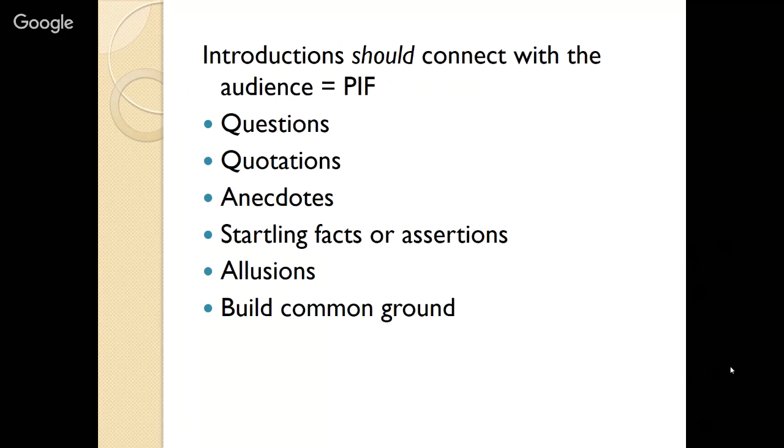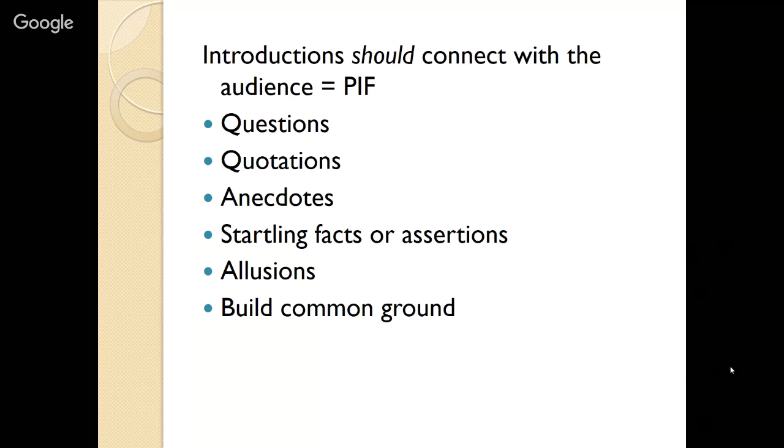And really the idea here is you want to build common ground with your audience. You want to be able to speak to the audience on their level, or at least expect them to follow you on yours. And you want to be able to establish some basis or some points that everyone can agree on and move on from there.